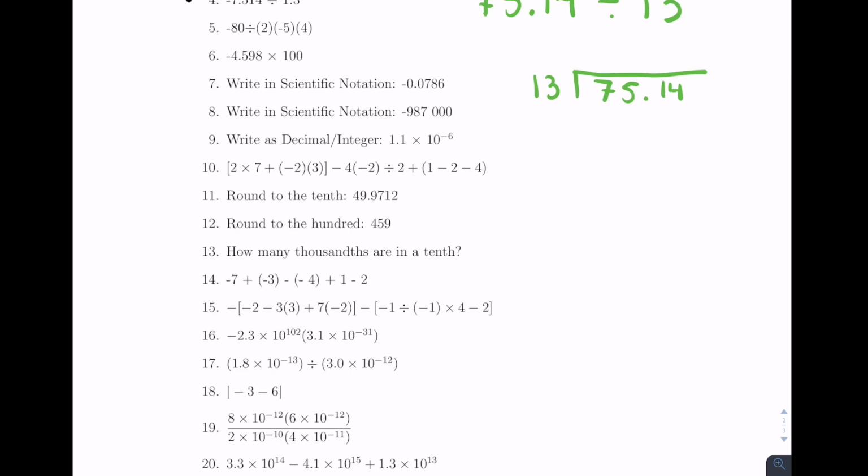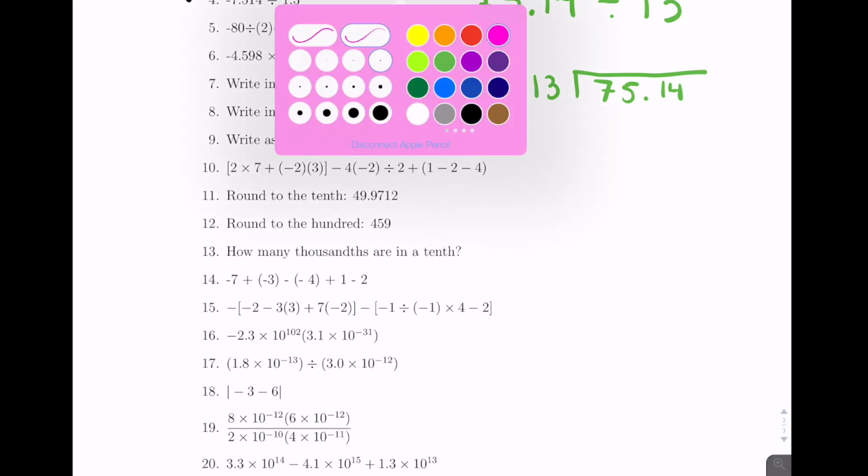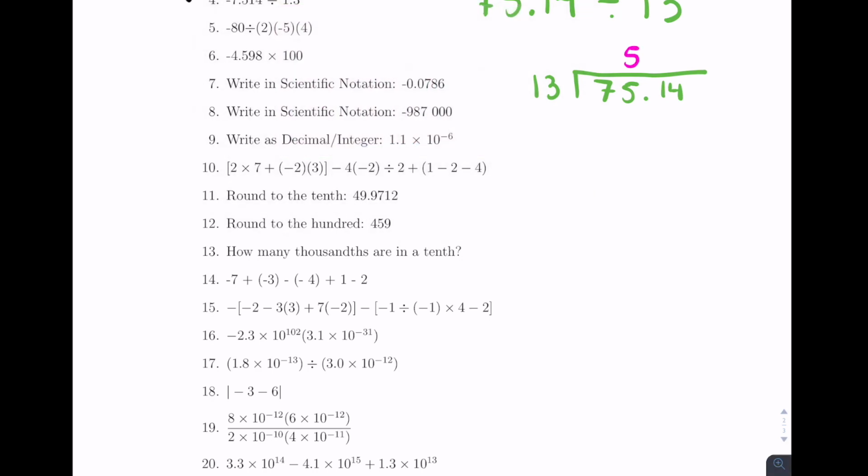After 39, I guess 4 times will be around 52. Let's give it a guess of maybe 5. So it goes into it 5 times. I'm going to do that here on the side for myself.